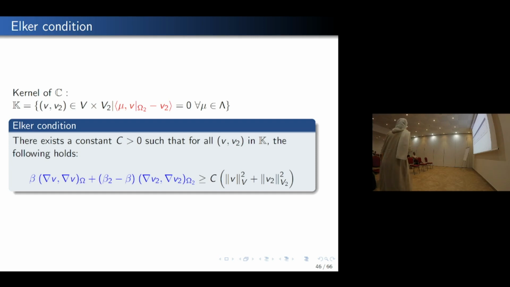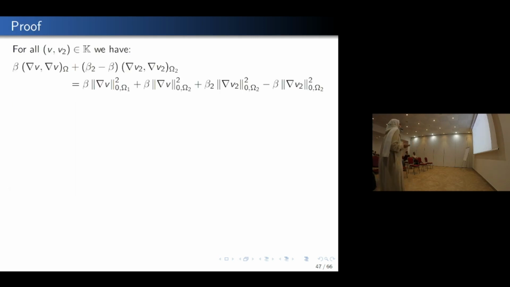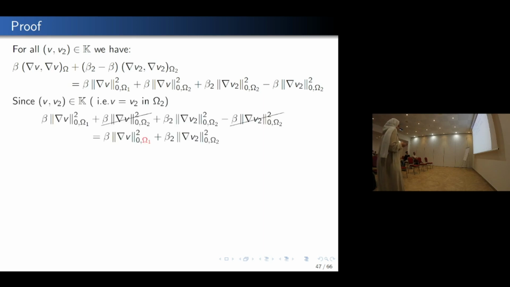The proof of this is not so complicated. We start with the left-hand side, making use of the fact that omega is the union of omega 1 and omega 2, so I'll use that and distribute the coefficients. Don't forget that V and V2 belong to the kernel, which means they're equal in the common region omega 2, so I can get rid of those two terms.